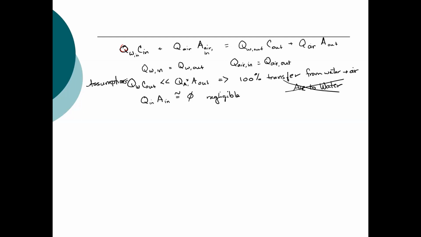So if this is the case, then this term is approximately 0, and this term is approximately 0. So we can write our more general mass balance equation as Q W C in is equal to Q air times C air out.